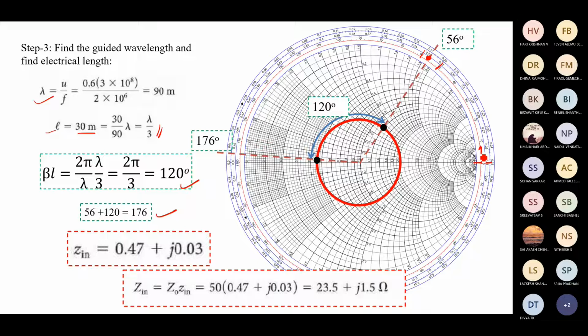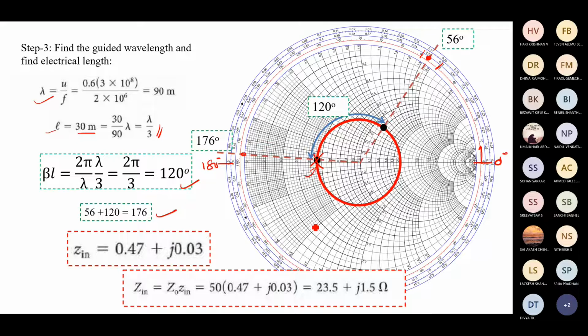This is actually 0 degree, and this is actually 180 degree. So from 180 degree, we just have to take 4 less, and you will get 176. When you draw a line at this 176, it is meeting at this particular point, and this is the impedance point which we moved from this to this.